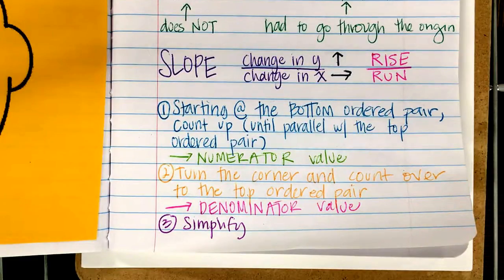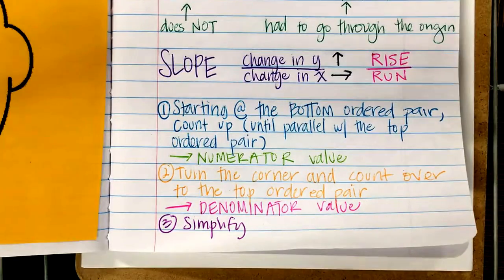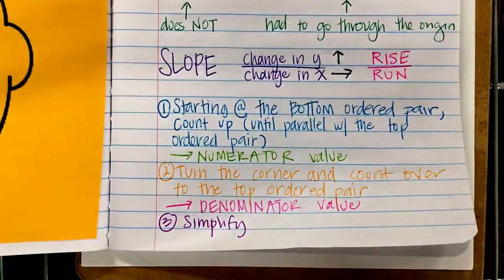When you simplify, what are okay answers? Whole numbers are great. Improper fractions are great. What can you not have? Mixed numbers. You can't have a decimal.